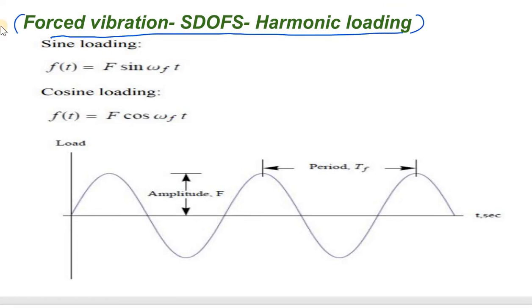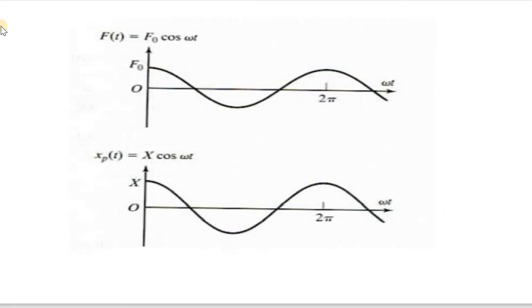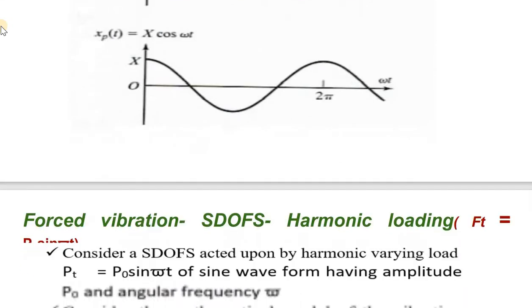Here you can see the harmonic loading can be sine loading and cosine loading. It will be in the form of sin omega t, or in the form of cos omega t. So the loading will be like this.